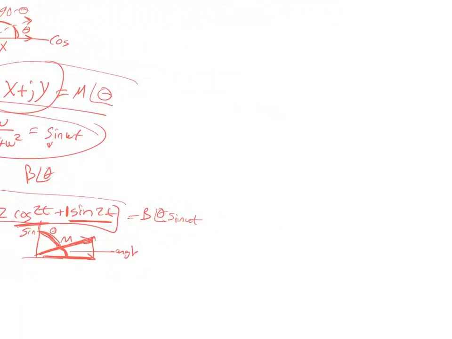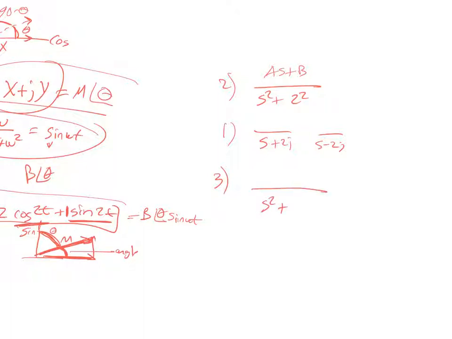And why do I do that? Because when I have a term that has complex roots, just 2, that I have to do partial fraction expansion on, I do not want to do As plus B. I do not want to do s plus 2j, s minus 2j. This was approach 1. This is approach 2. What I'm going to do is approach 3, which is s squared plus 2 squared, and this is going to be some complex number. How do I solve for the complex number when I do partial fraction expansion?